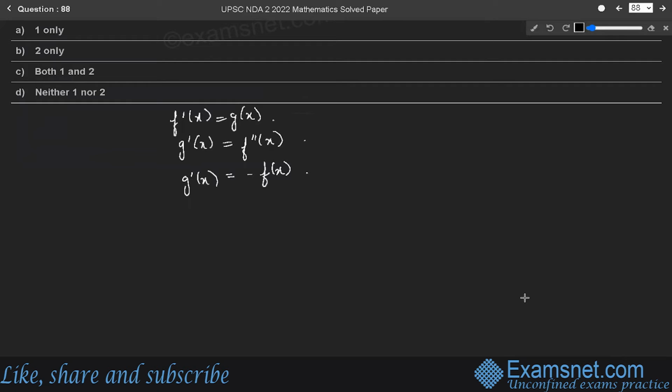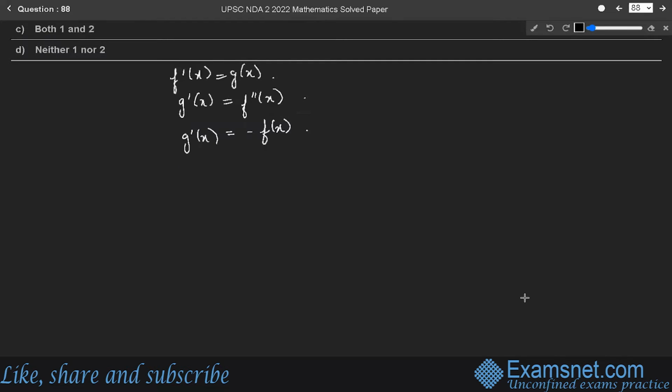So first, let us solve h dash x. It is given that h of x is equal to f of x square plus g of x square. Now we have to find h dash x.